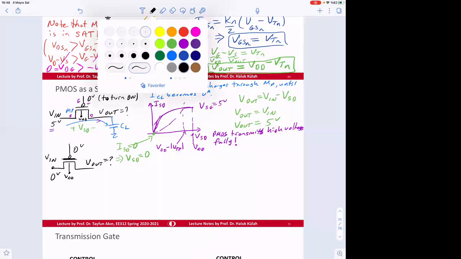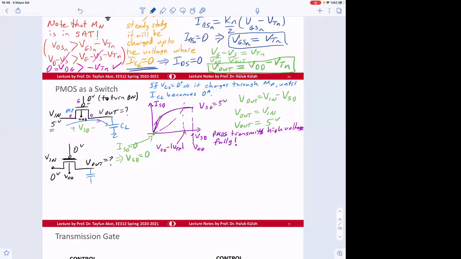We can put this CL here, okay, and then say that VCL, CL is initially 5 volt, then it will discharge through MP until ICL or minus ICL becomes 0.